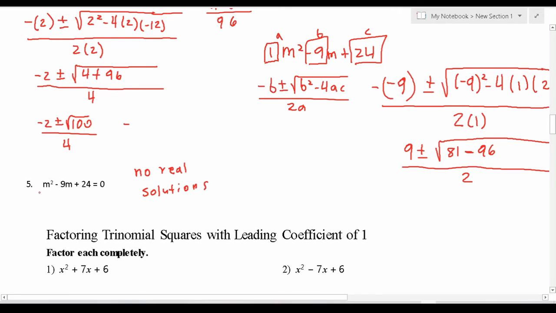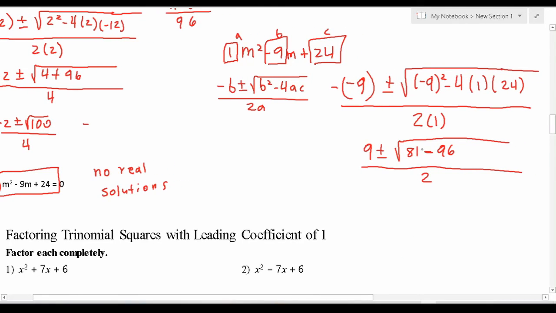Similarly, if you were asked to factor this, you would say, in light of the fact that we have a negative under a radical, that this equation would not be factorable. So just be mindful of the fact that if this number under the radical ever becomes negative, you're either going to have no real solutions or the equation's not going to be factorable.